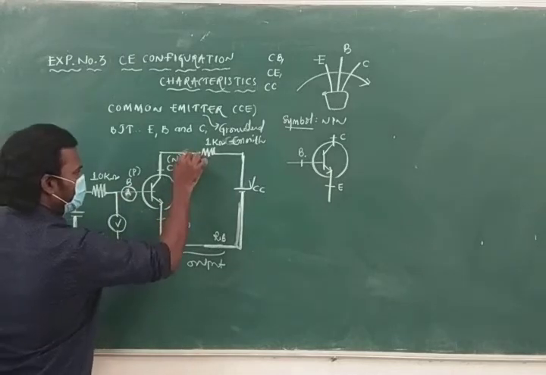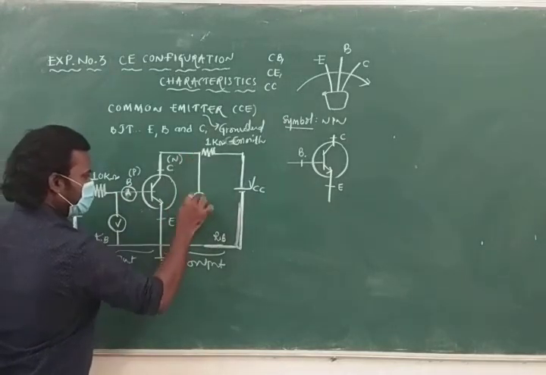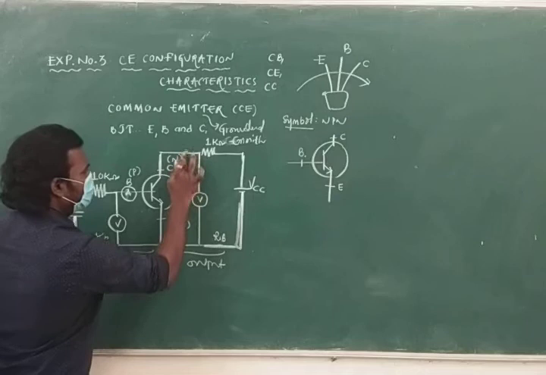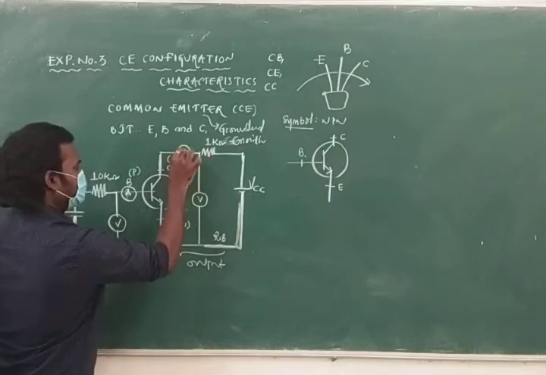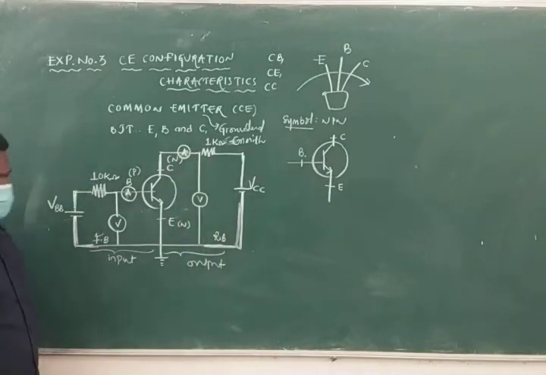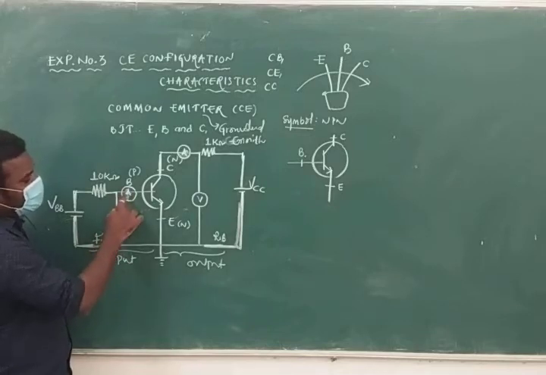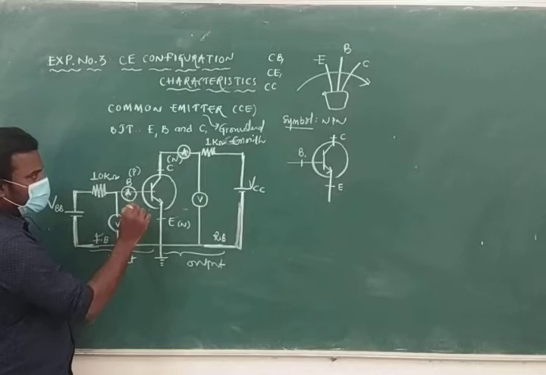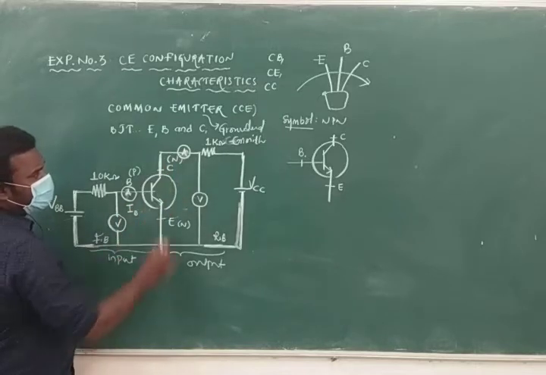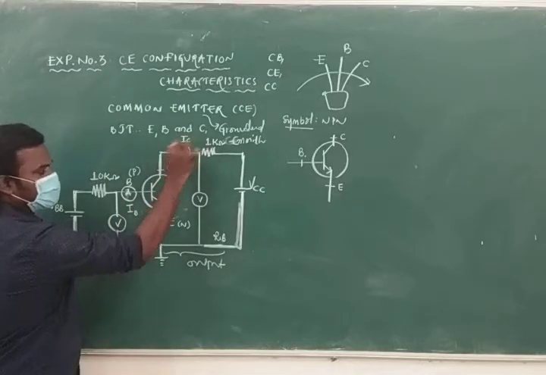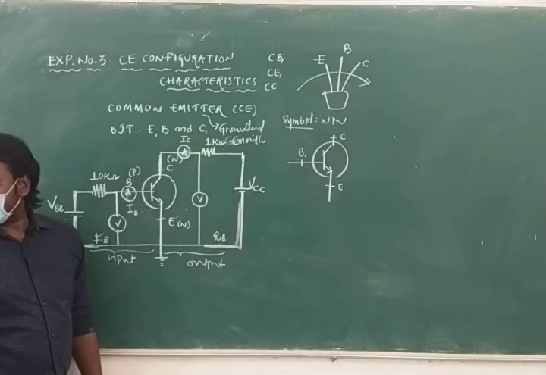We have to connect one voltmeter here, and one ammeter. This ammeter is connected to which terminal? Base, so you can call it IB. This ammeter is connected to which terminal? Collector, so IC. Is this clear?